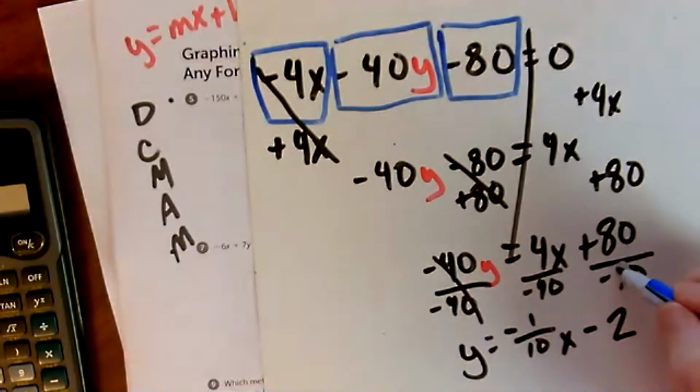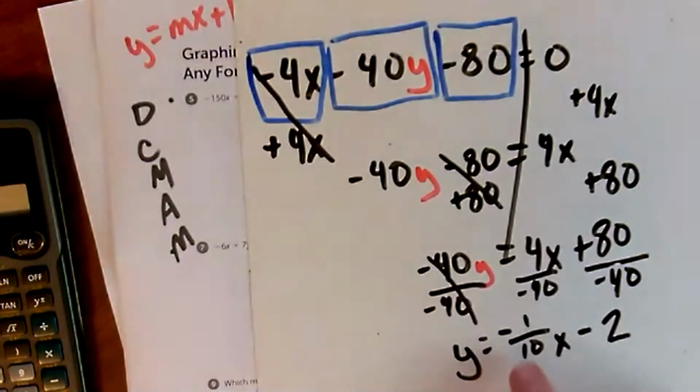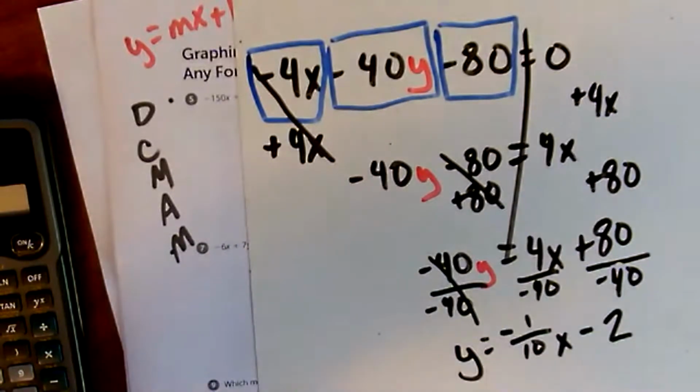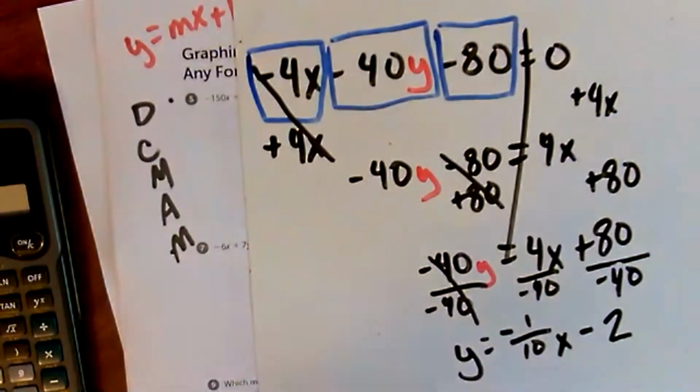Y equals negative 1/10 x minus 2. Is it in y-intercept form? Is it in the form that makes me happy? y equals mx plus b. Yes, ma'am, it is.